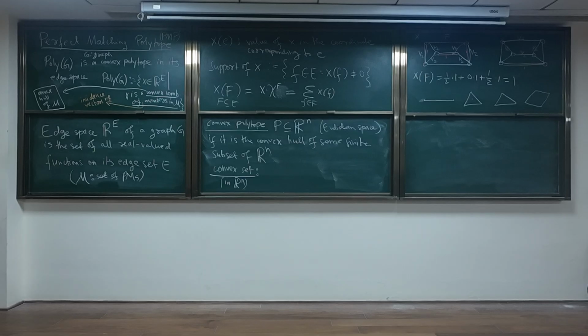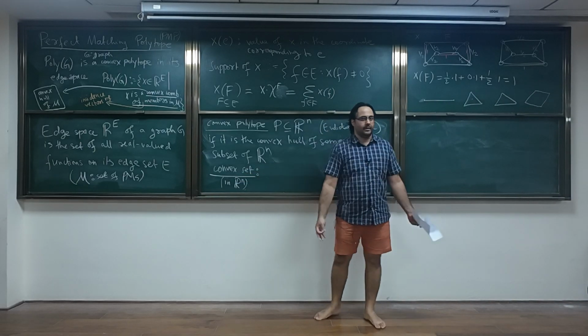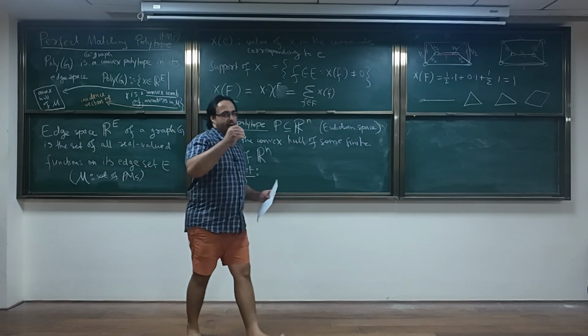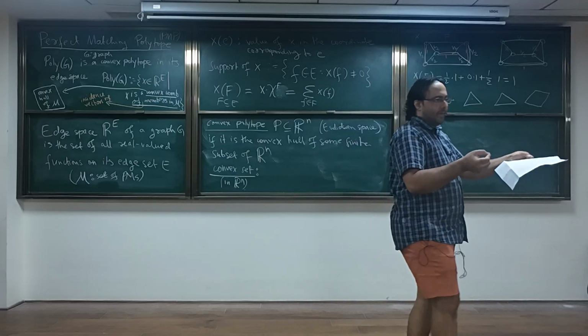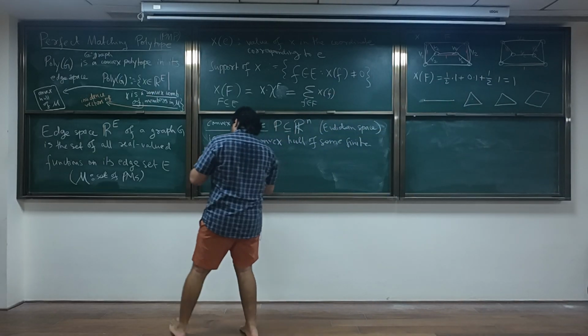If I take any set of points in my set, all possible convex combinations of those points should be in the set. That's why we call it convex. Another way of thinking about it is you can actually think of 2 points at a time. That actually suffices. If the 2 points are in the set, then the line segment joining them should also be in the set. Of course, here we are referring to line segment, possibly in higher dimensions.